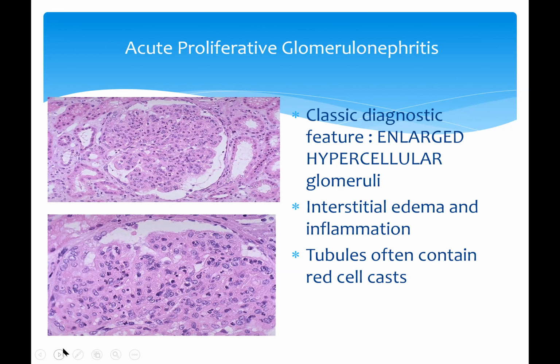The streptococcal antigenic component responsible for the immune reaction is what we call as exotoxin B. This is the principal antigenic determinant in most cases of post-streptococcal glomerulonephritis.